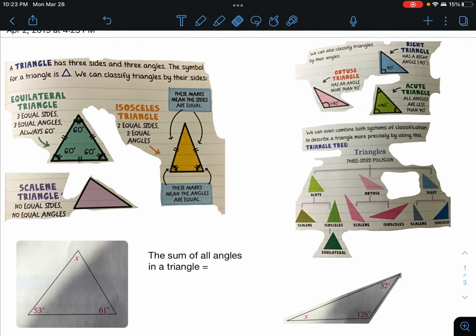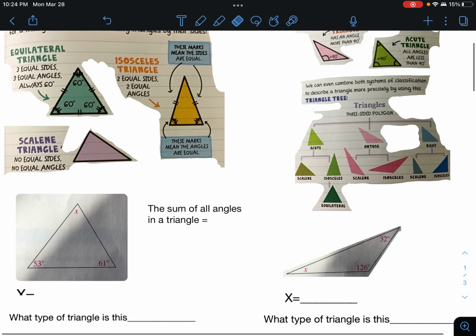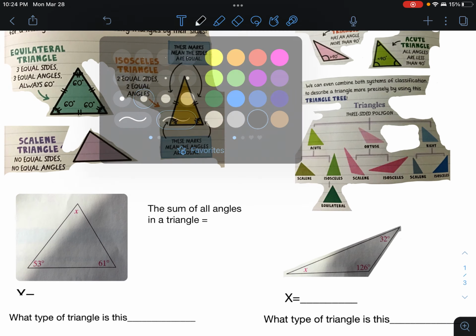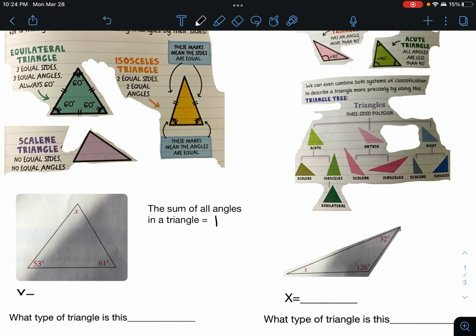So knowing that information, we can use that in solving for unknown angles in a triangle. The sum of all angles in a triangle is going to equal 180 degrees. Knowing that, we can find the value of x here.